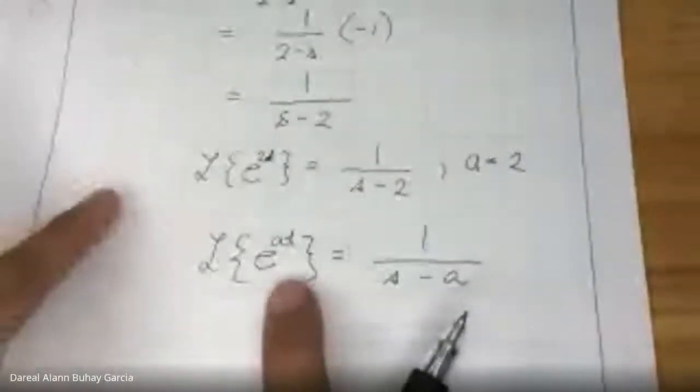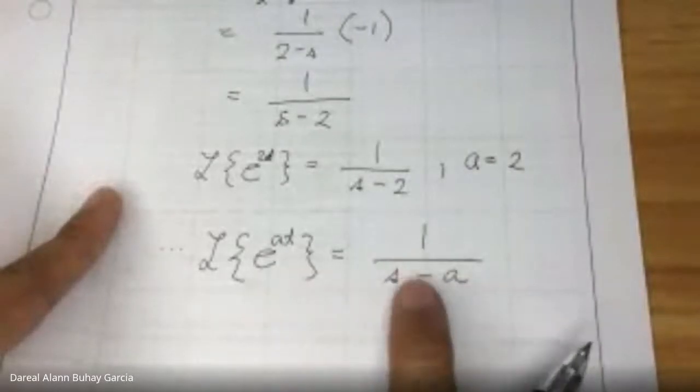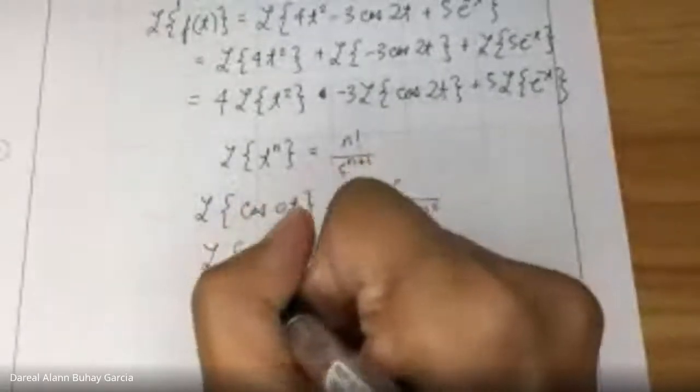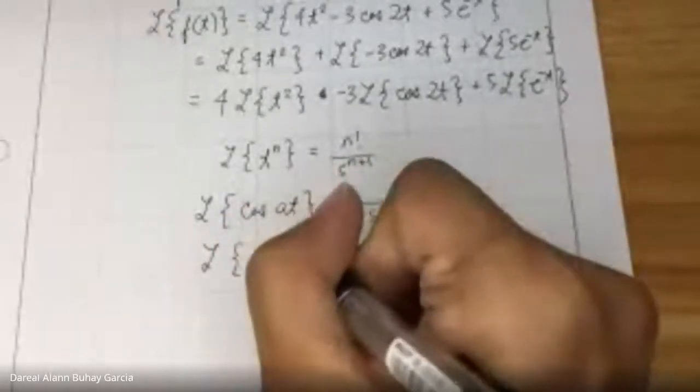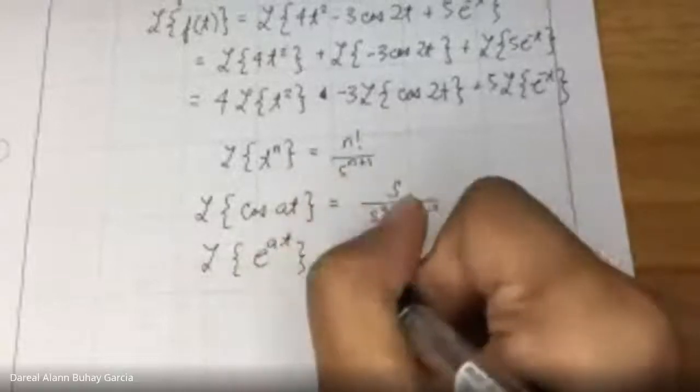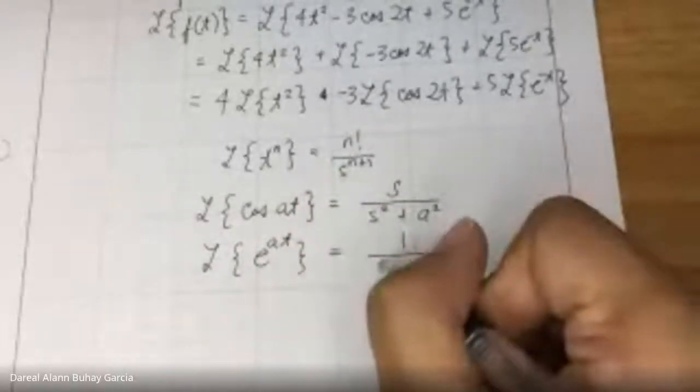Last, this one, which we generalized earlier: the Laplace transform of an exponential function is 1 over s minus a. And in this case, our a is negative 1.